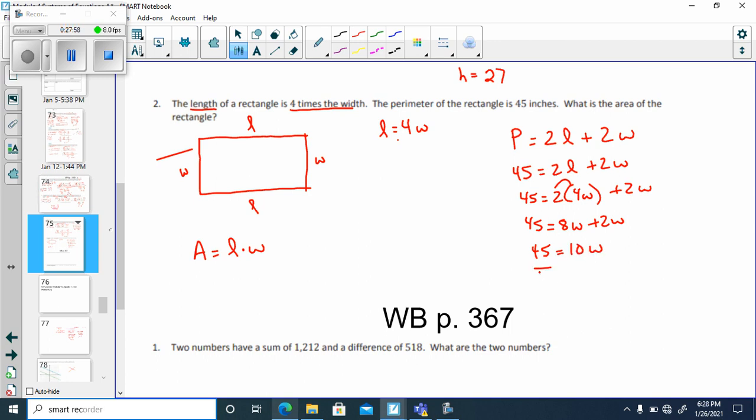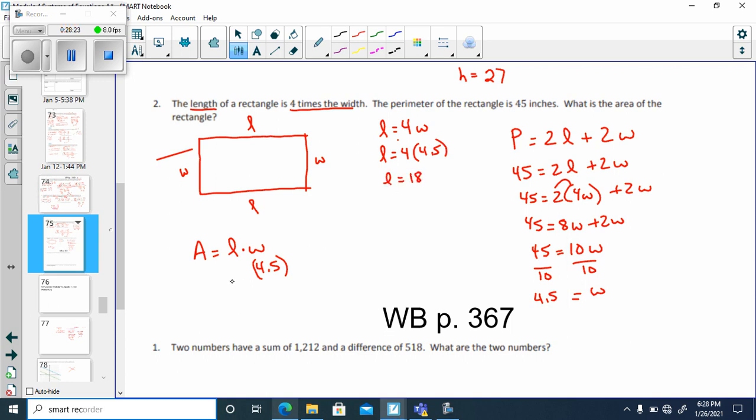Divide both sides by 10. And W is equal to 4.5. Okay, so our width is 4.5. We'll plug that in here. We need the length. The length is equal to 4 times W. So our length is 4 times 4.5. That gives you length is 18.